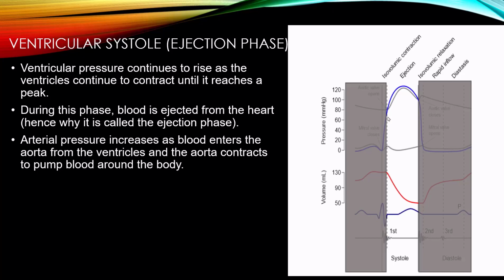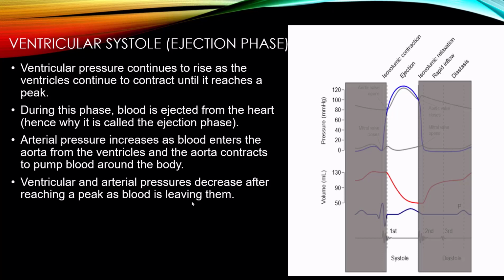Here you can see the aortic pressure is also increasing, and this causes increased pressure in the systemic circulation, or in the arteries.